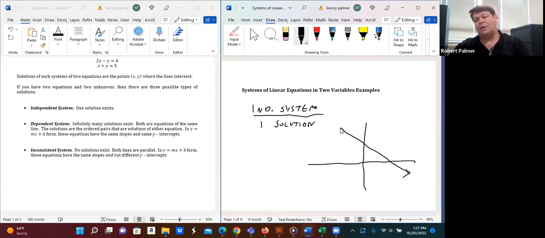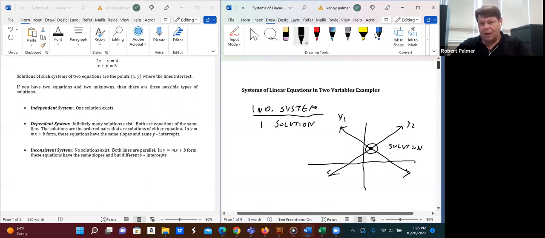Let's say this is line y1, and this is maybe your line y2. Then this point right here where the two intersect, this is your solution. The point where you plug in the coordinates, this x and y pair right here, you get a true statement in both cases. That's what it means to be a solution. So that's an independent system. We have only one solution.